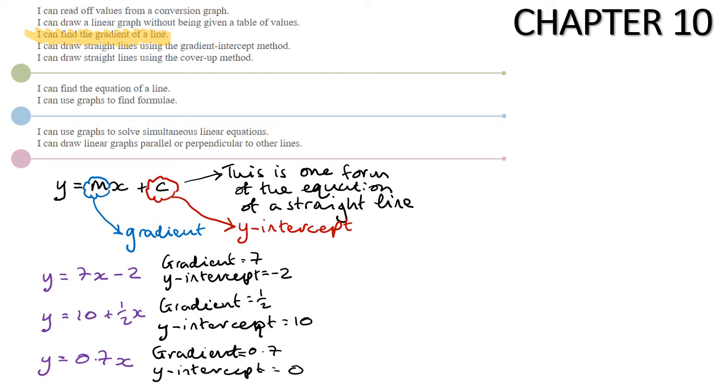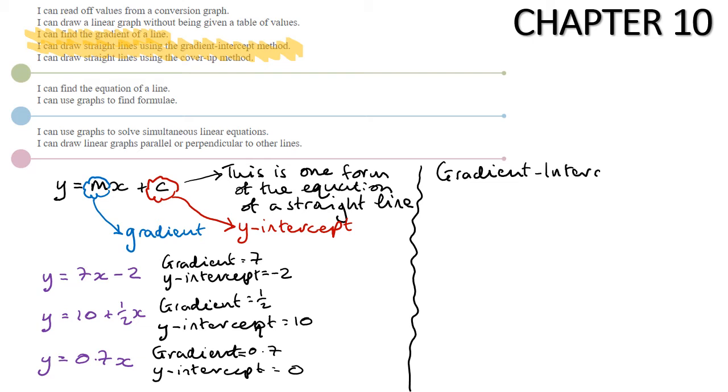Now, because we can easily find what the gradient and the intercept is, we can draw straight lines using what we call the gradient-intercept method, which is what we're going to do now. In fact, there are 3 different ways we can draw a line.